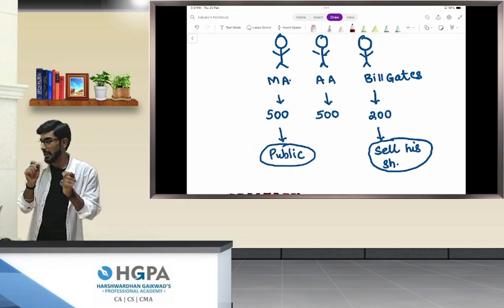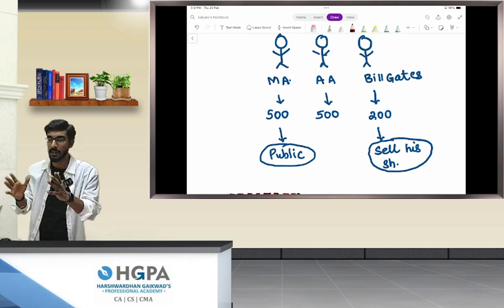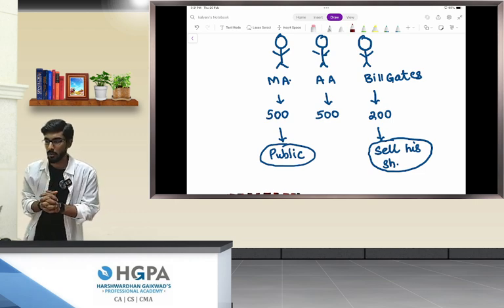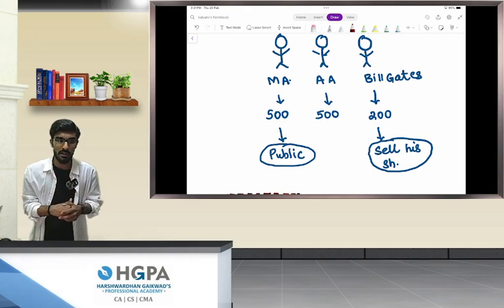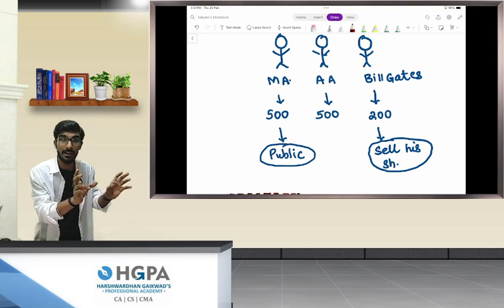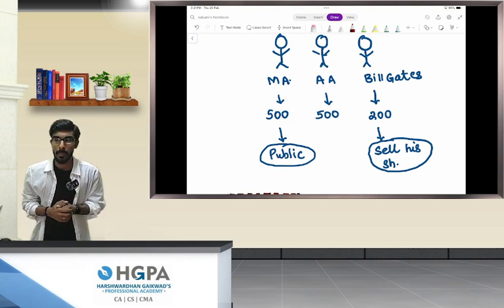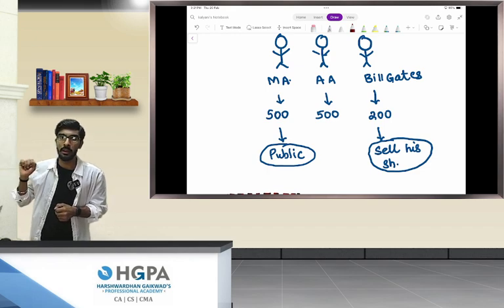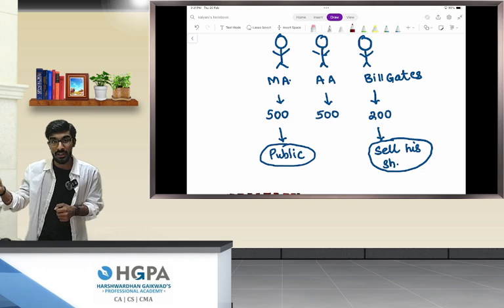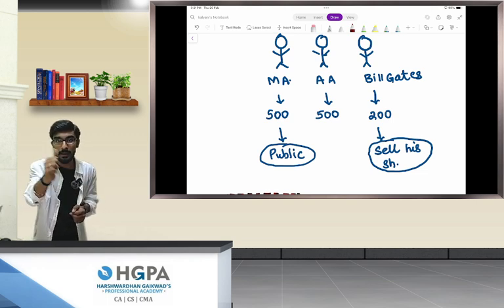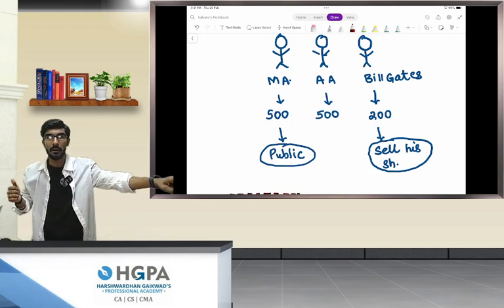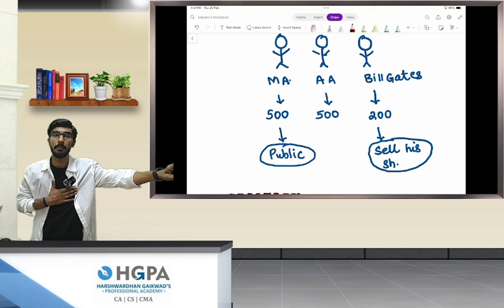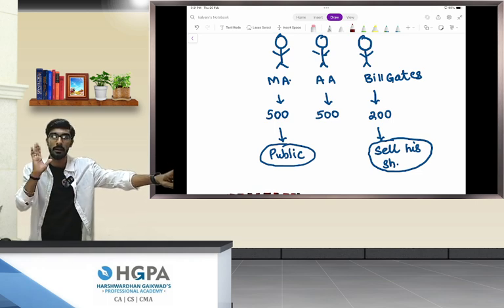What Mukesh Ambani will tell Bill Gates is, you want to sell your shares? Okay, I want my company to become a public limited company so that everybody will trade my shares. Now, Bill Gates, why don't you do one thing? You sell your shares to the public. Public will give you money. You will receive money. You are happy. Public will get their shares. I am happy because my shares are held with the public now.